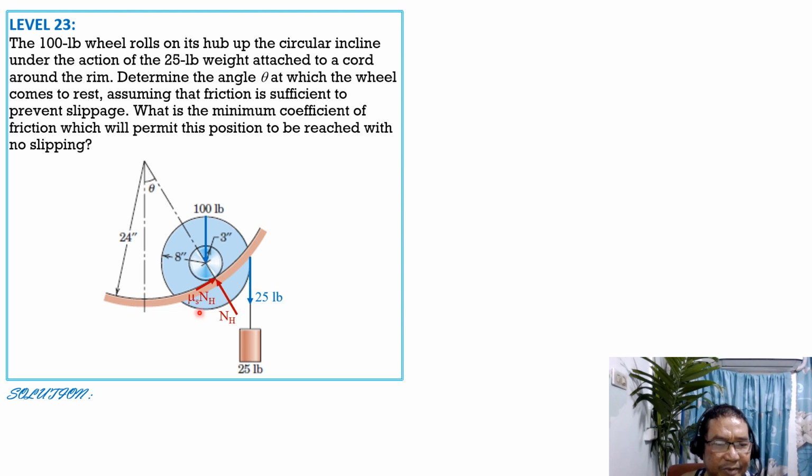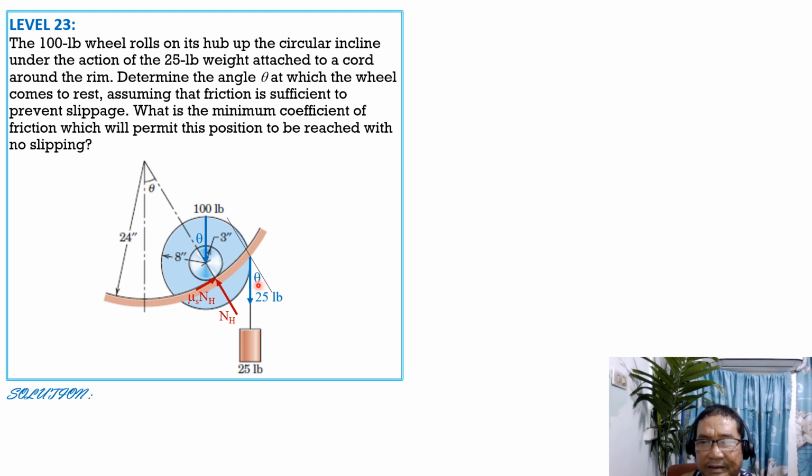Then it is mu sub S times N sub H, where mu sub S is to be determined later. Call this theta. The measure of the angle here with the normal is also theta.